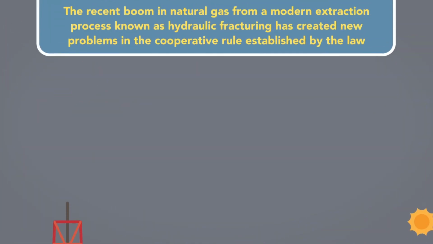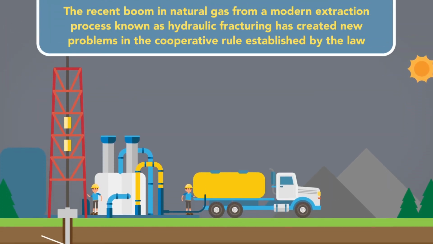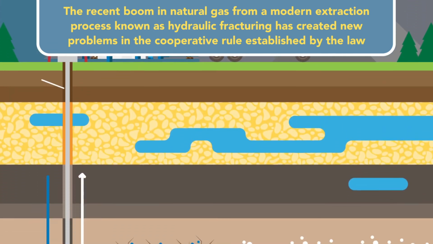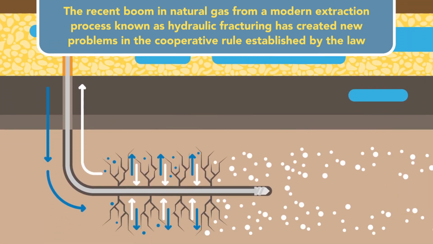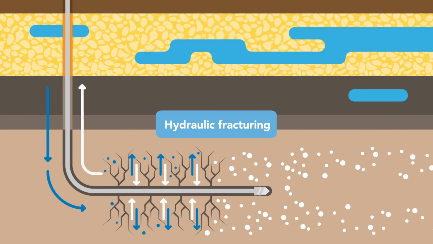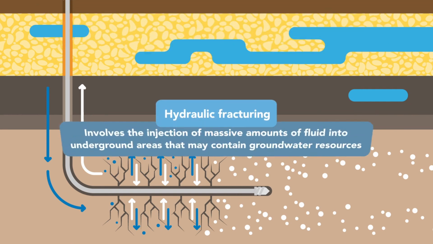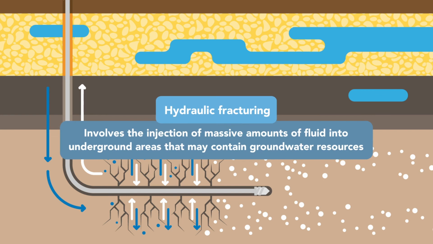The recent boom in natural gas from a modern extraction process known as hydraulic fracturing has created new problems in the cooperative rule established by the law. Hydraulic fracturing, sometimes referred to as fracking, involves the injection of massive amounts of fluid into underground areas that may contain groundwater resources.